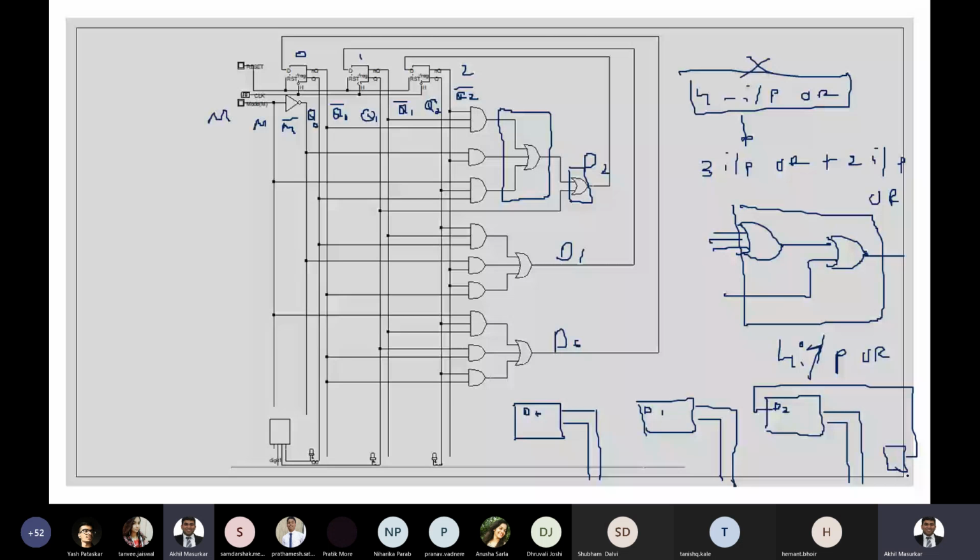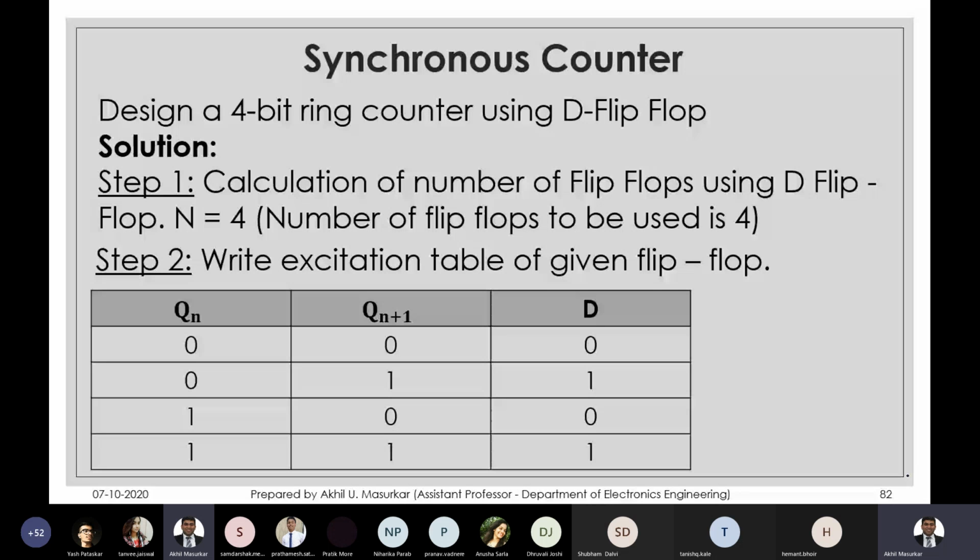Okay, so let's go to the next question. So this is a special type of a counter that is called as a ring counter. So ring counters, you can see some, after I show you the light of the ring, the way in which a ring counter blinks.